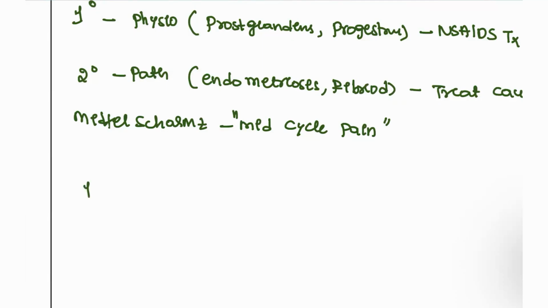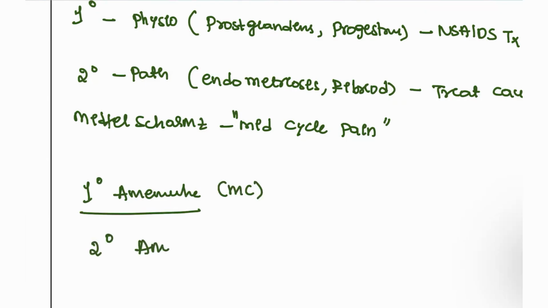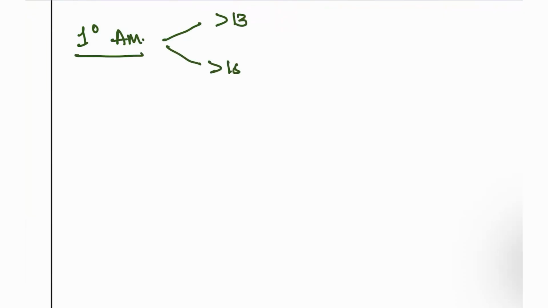Next, we are going to discuss primary amenorrhea and its most common cause, and then we are also going to discuss secondary amenorrhea. Before that, we see what the conditions associated with amenorrhea are. First, what is primary amenorrhea? Usually, primary amenorrhea is seen on two occasions: when the patient is more than 13 years old, or when the patient is more than 15 years old.